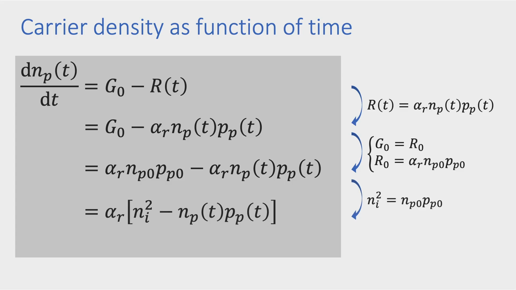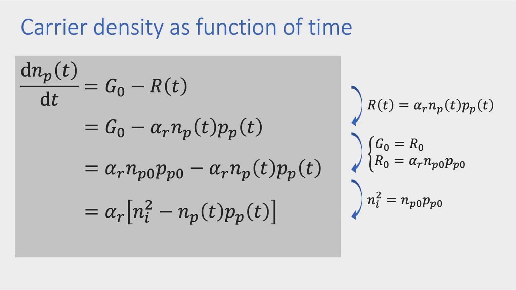Finally, we apply the mass action law for semiconductors, which states that the square of the intrinsic carrier concentration equals the product of the electron and hole concentration at thermal equilibrium. We now arrive at the differential equation with time-dependent electron and hole concentrations.